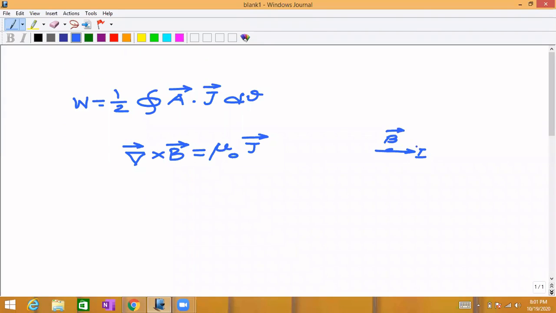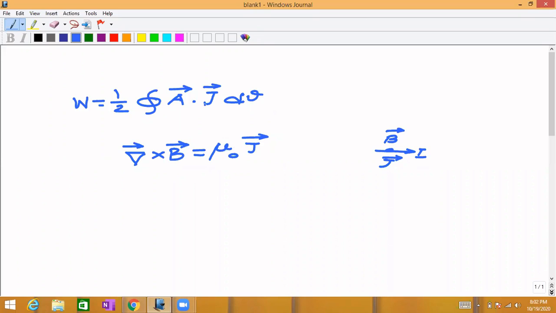Or if I write the current density at this point in place of current, then the current density at this point is suppose J vector and the magnetic field at this point is B vector. Then how are the current density at this point and the magnetic field at this point related? It is related by this equation, curl of B equal to mu naught J vector. Okay. Curl of B vector equal to mu naught J vector.